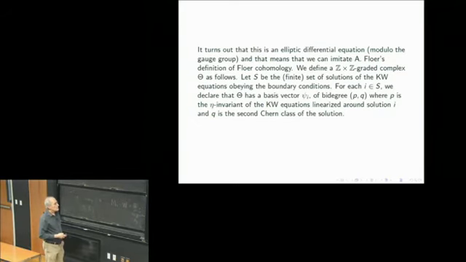So the eta invariant is an integer P, and Q is the second Chern class. So that gives a bi-grading of the basis vectors.